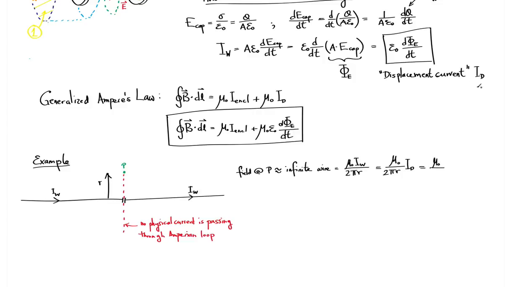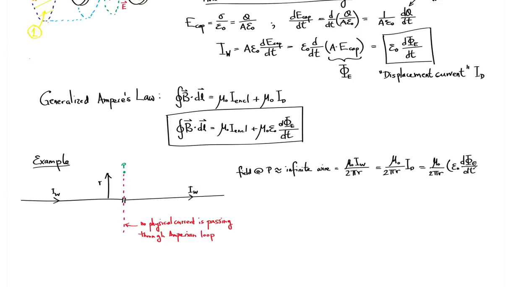Because we're saying this displacement current is equal to the actual current in the wire, and even though there is no current actually passing through this Amperian loop, it's going to have a magnetic field pretty much exactly like that of an infinite wire, right? It's going to be 2 pi r here, and I'm going to substitute this expression here. So it'll be epsilon naught d phi_E dt, right?